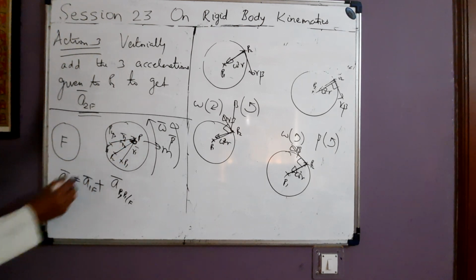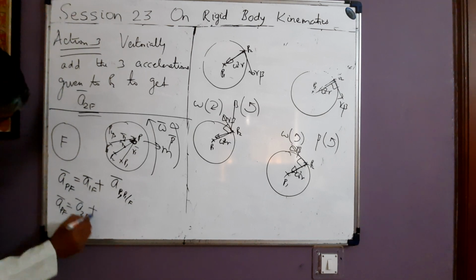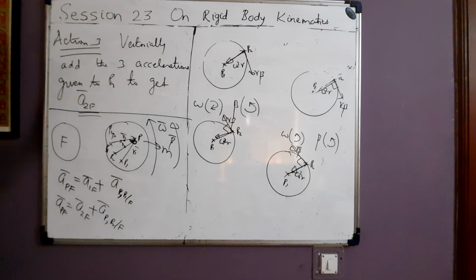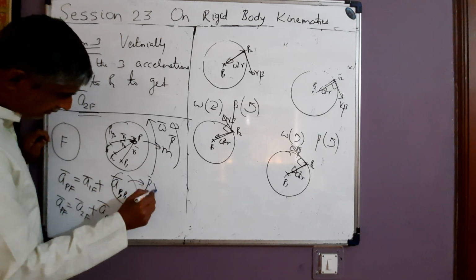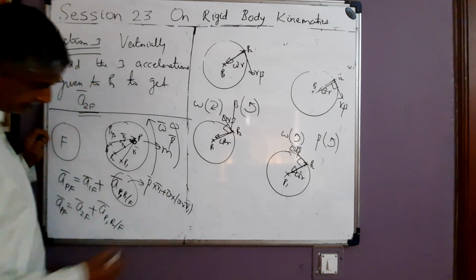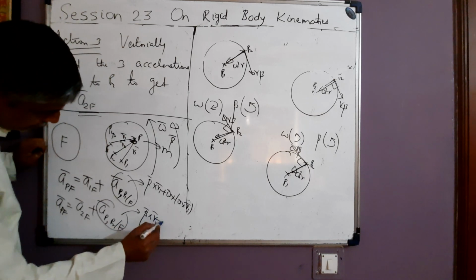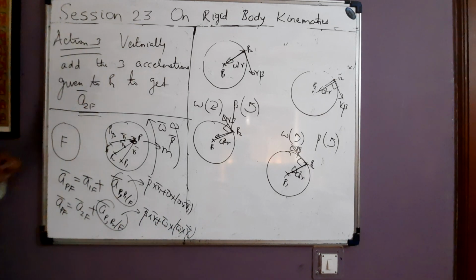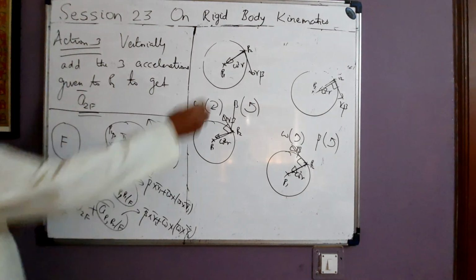If you write P in terms of P2, A2F plus APP2 in frame F. What is this quantity? This quantity is simply beta cross R1 plus omega cross omega cross R1. Now this term is what? Beta cross R2 plus omega cross omega cross R2 in this way. Alright, fine.